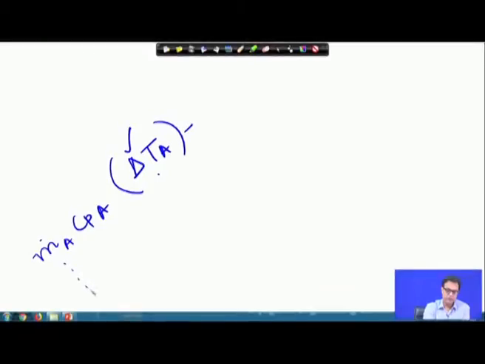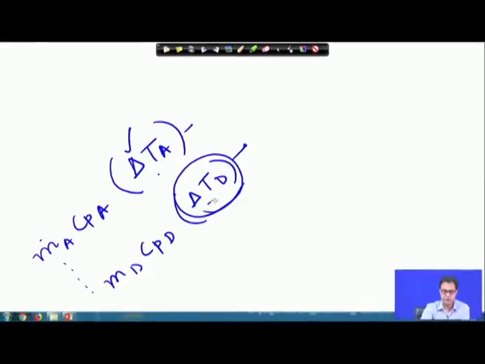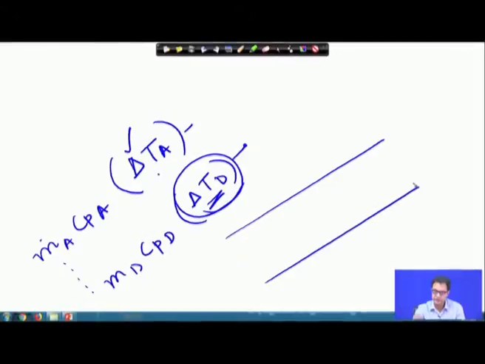Similarly, we would be able to write C P B and delta T B, and there also one of the temperatures, the inlet temperature, is known, but the exit temperature is not known. Now, that is about the energy balance.